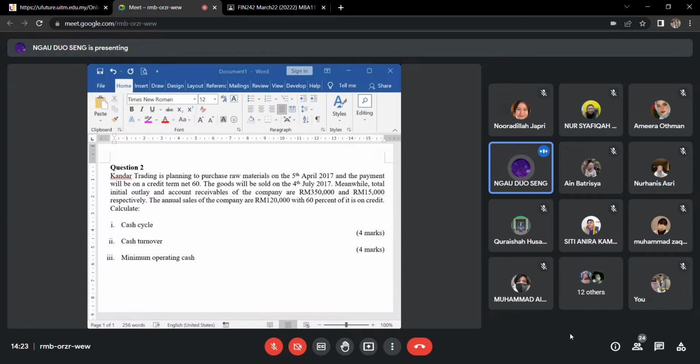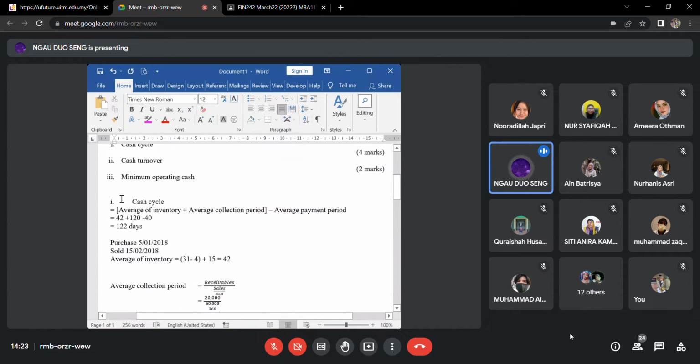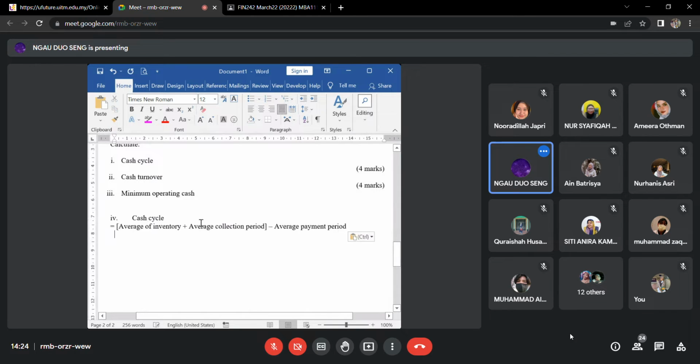Right, so same thing, calculate the cash cycle. We take back lah the formula. The formula sama. So cash cycle equal to average of inventory. So we refer back to the question.